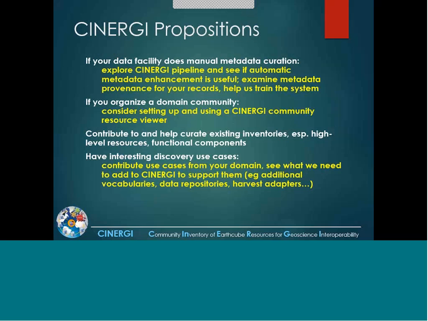we can make to the community. If your data facility spends a lot of effort doing manual curation, you may want to work with us so that we pass your data through the pipeline and see if we can save you time on manual curation. As part of this enhancing, we also train our keyword assignment using some very standard machine learning algorithm.